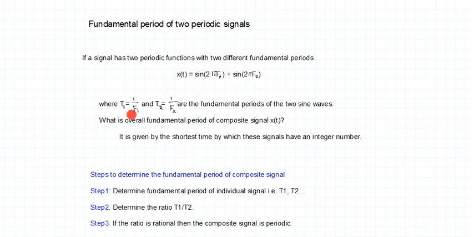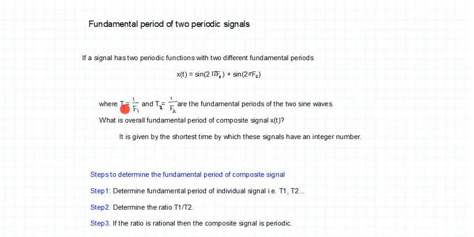I'll say here my fundamental period for the first signal is t1, which is 1 by f1, and t2, which is 1 by f2. So if I have two fundamental periods, what is the fundamental period of this composite signal xt? Composite signal xt means a signal having more than one frequency is said to be a composite signal.